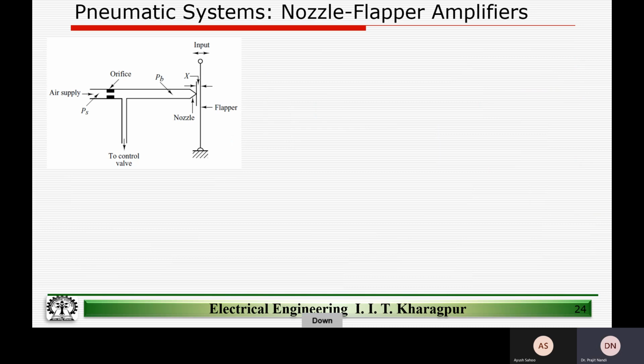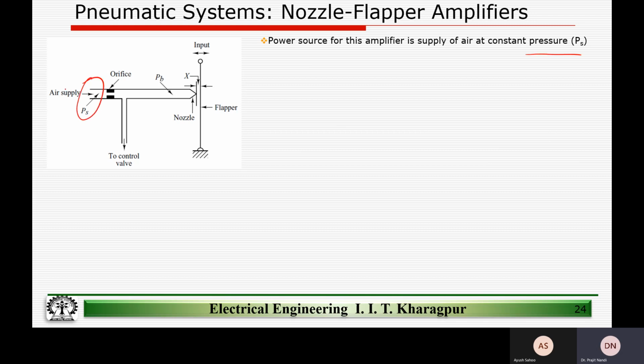Okay. Now let's proceed to the flapper nozzle amplifier, which again is a very important amplifier used in pneumatic systems, and let's look at this in detail. The power source for this amplifier is a supply of air at constant pressure PS.